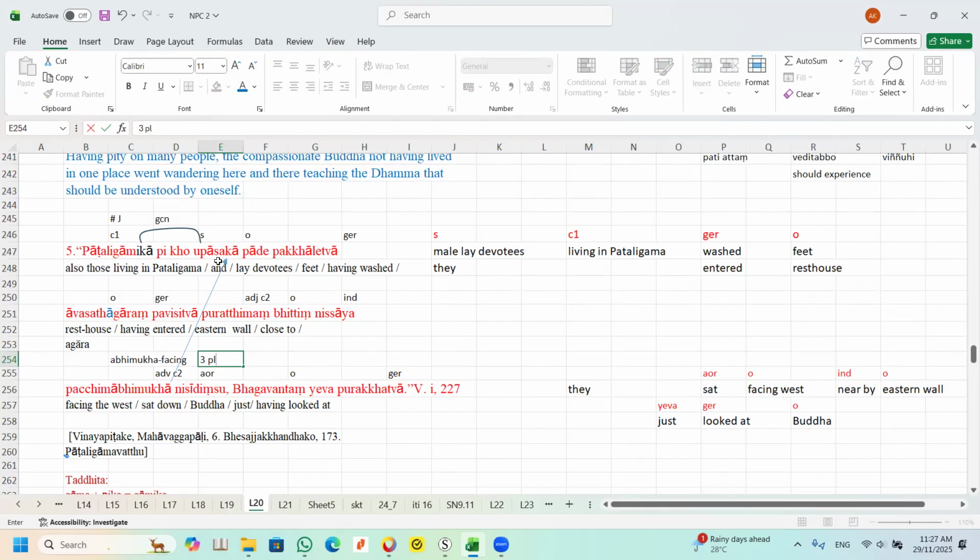That means upasaka, not a feminine noun, it has to be a masculine noun. It means male lay devotees. This is the same case. This is a long A. It's up to you whether you want to put the pronoun or not, it's understood, because these are adjectives.